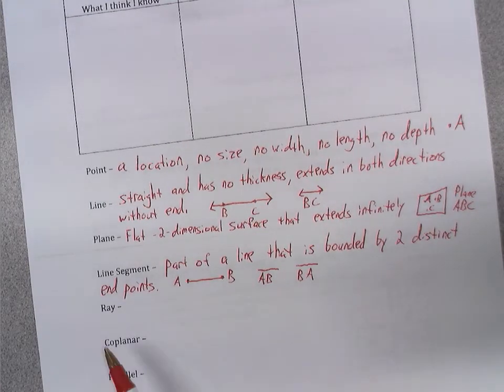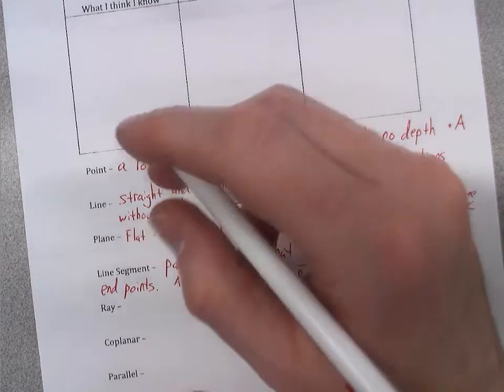All right. Next, we have a ray. A ray is somewhat similar to a line segment, but with a slight difference.